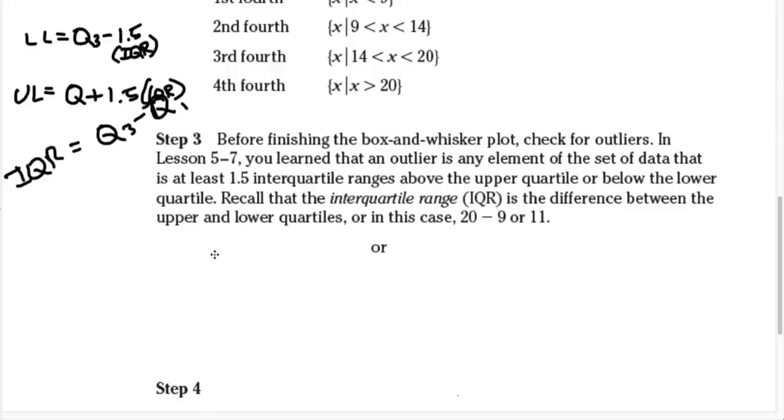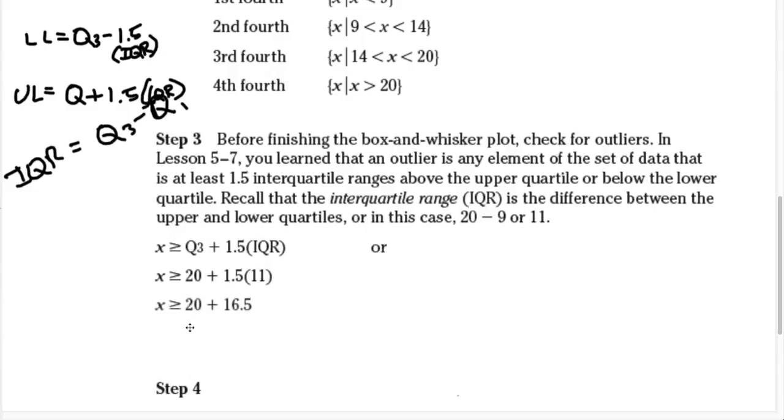So we have our X to represent the upper limit, X greater than or equal to Q3 plus 1.5 IQR. So X is greater than 20, since 20 is our Q3, plus 1.5 times 11, because our IQR is 11.